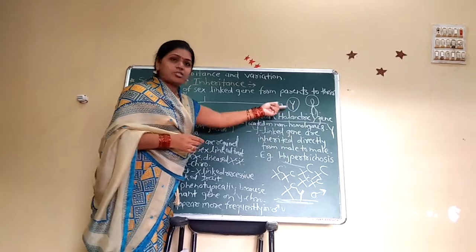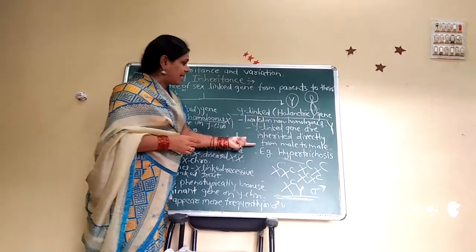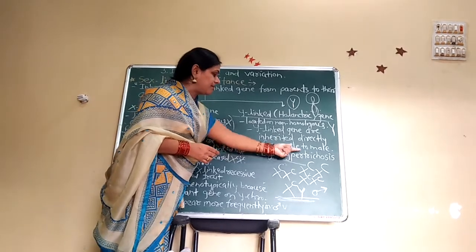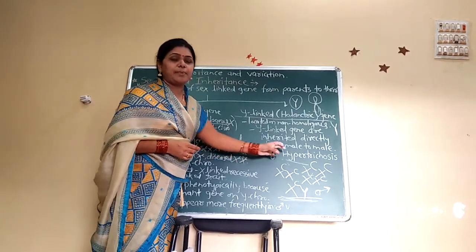Whatever gene is present on the non-homologous region of the Y chromosome is inherited directly from male to male, because there is no corresponding gene on the X chromosome. An example is hypertrichosis.